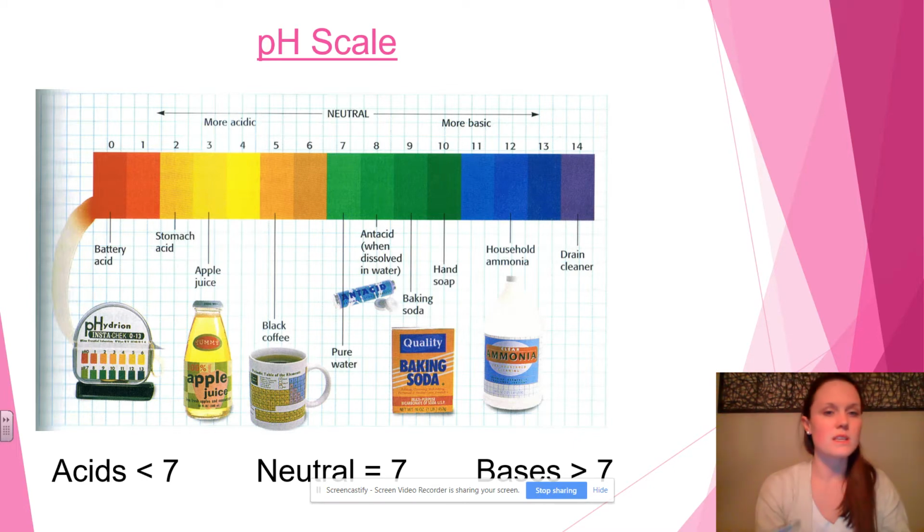Then along that line, you can include examples. Battery acid has a pH of 0, so you could write battery acid by 0. Black coffee has a pH of 5, so next to pH 5 you could write black coffee. Your stomach acid has a pH of 2.